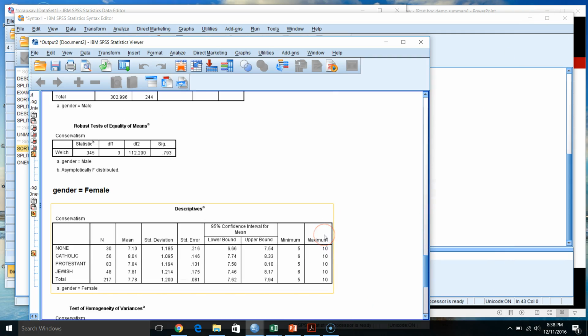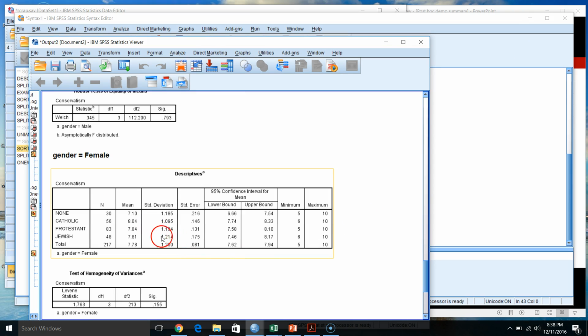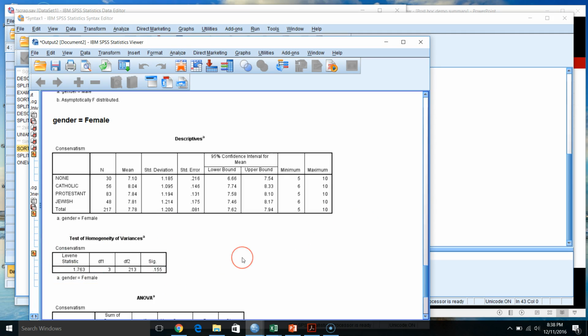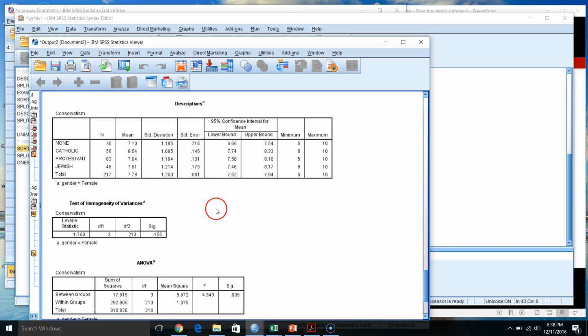So if we go down and take a look at our simple effects ANOVA for our women, okay? Again, we're seeing higher levels of conservatism among our Catholic women and our unaffiliated women the lowest. We knew that because we have eyeballs and can see it from our graph. We also see that we don't violate homogeneity of variance among our female participants.